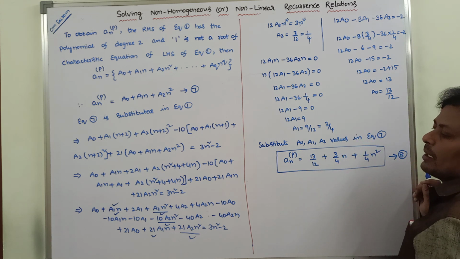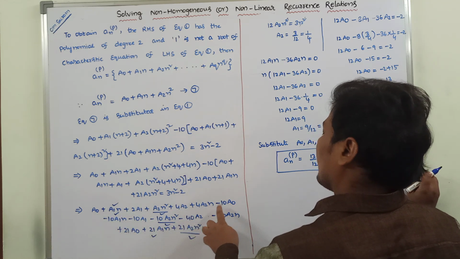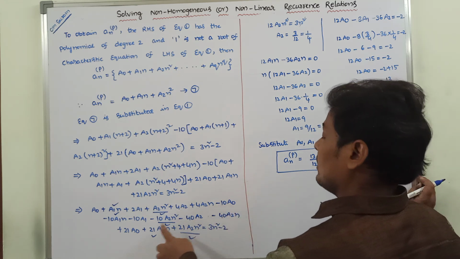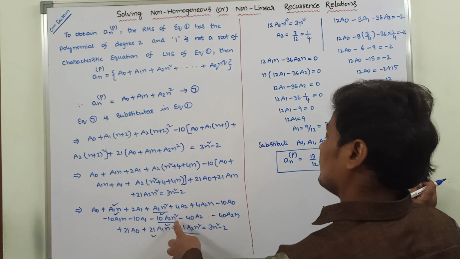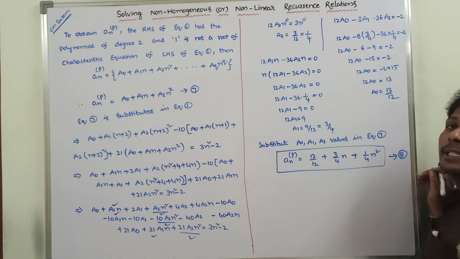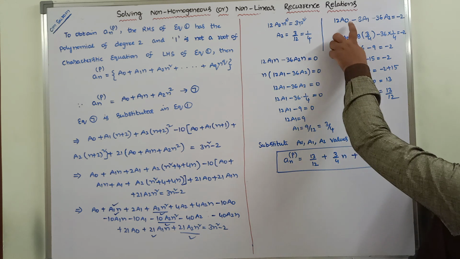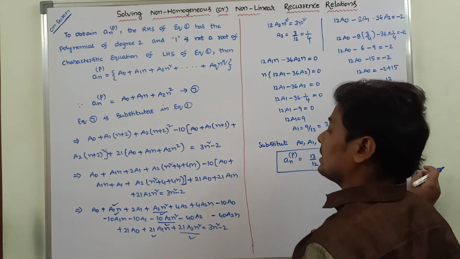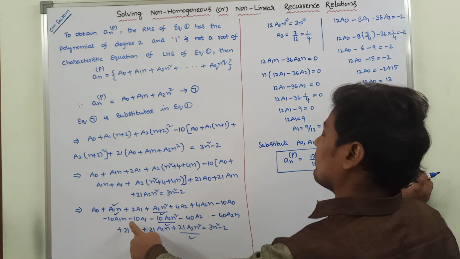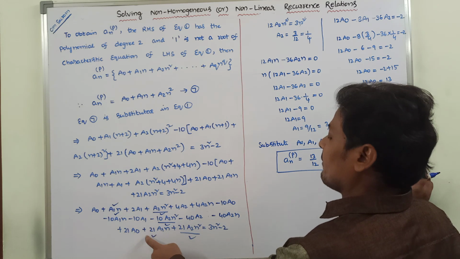Next one, constant term. So constant term, here a0 is there, here minus 10 a0 is there. So that is minus 9 a0, minus 9 a0 plus 21 a0, that is 12 a0. Yes. Next one, a1 term. So here 2 a1, here minus 10 a1. So that is minus 8 a1.